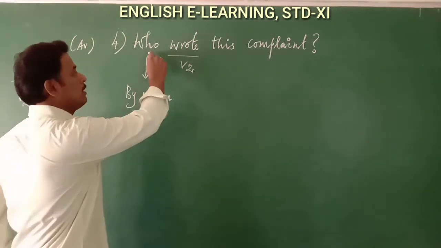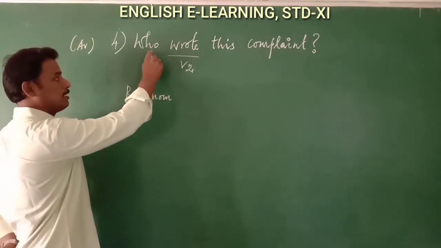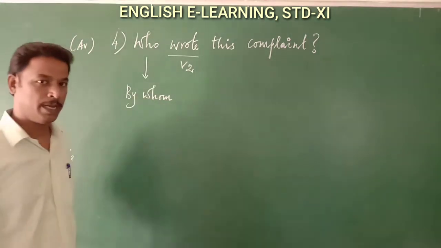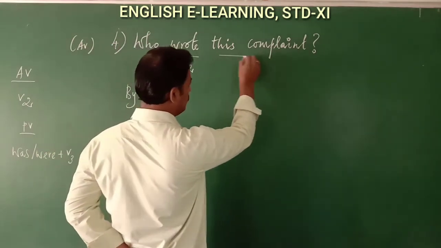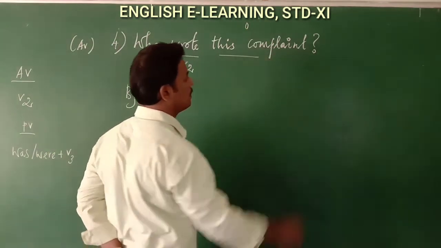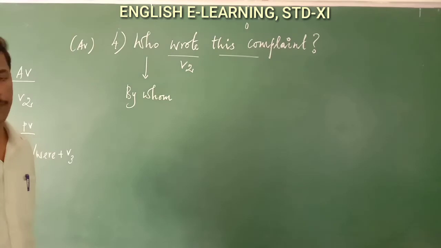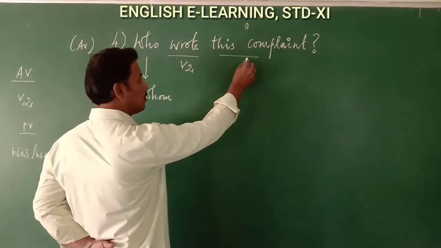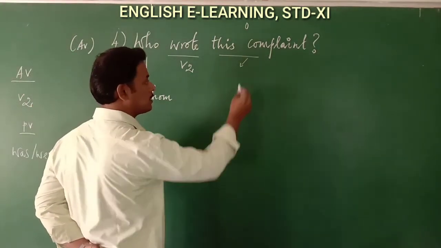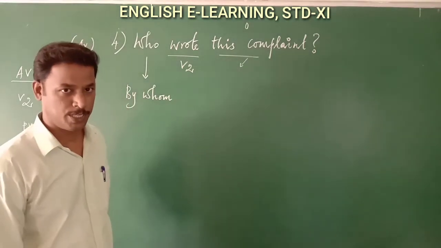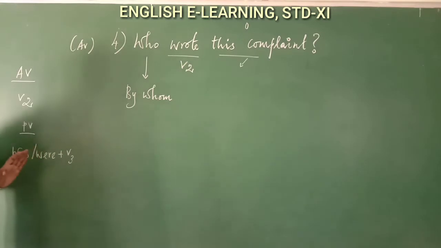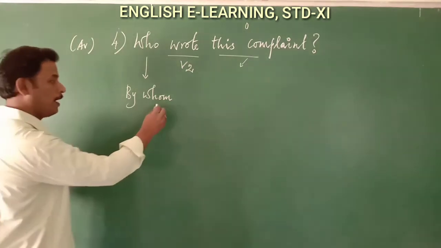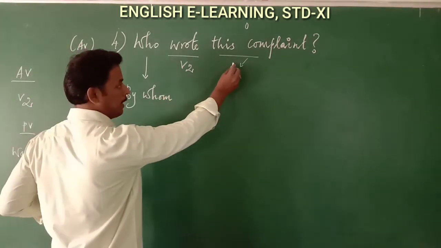So we have changed this question word who into by whom, and then remaining the object is this complaint. Okay, right. So before bringing this object as a subject, we must use the rule. The rule is was or were plus verb 3. By whom? This complaint.